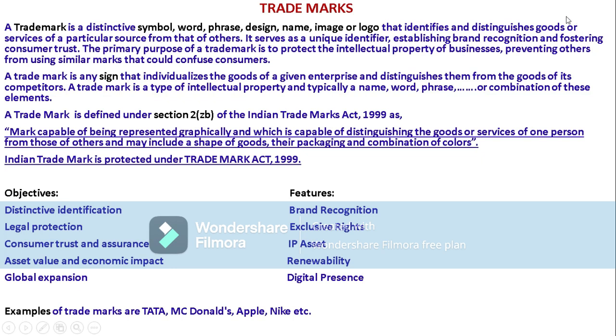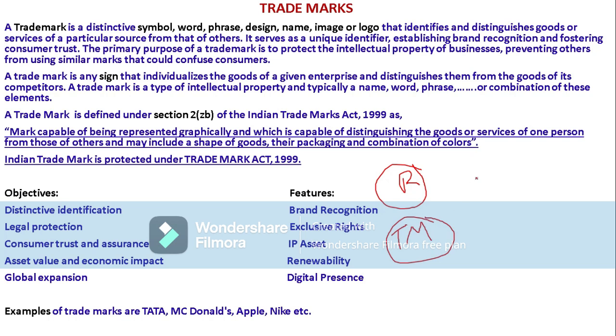Okay, so if we see, there will be R for registered. R for registered trademark. And you all know that in some brands there will be TM like this. TM means this is an unregistered trademark.